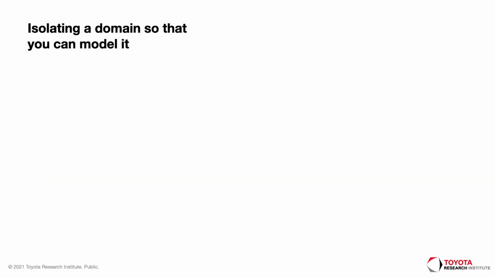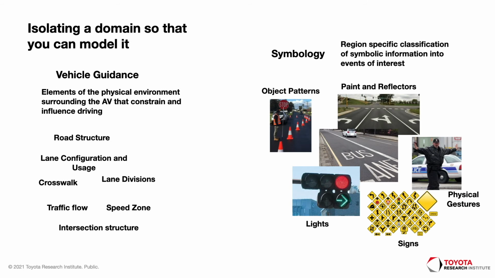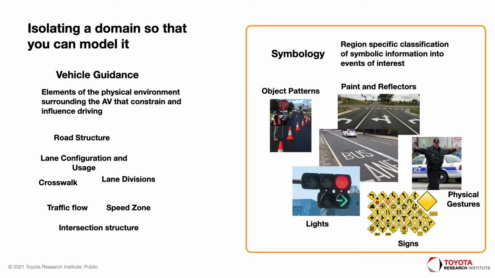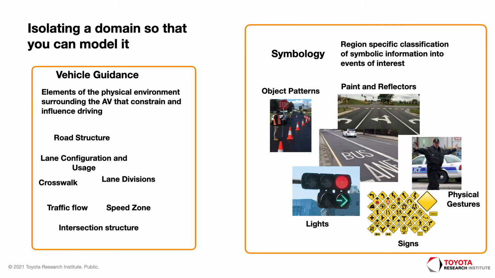The domain focusing on roadways, intersections, and traffic flows is what I call the vehicle guidance domain. To support that domain, there must be another domain concerned with decoding regional symbology, as well as a domain or two to help identify the positions of street signs, traffic lights, and pavement markings. By establishing the separation of concerns early on, I'm able to work productively in the domain of interest without being distracted by extraneous details.